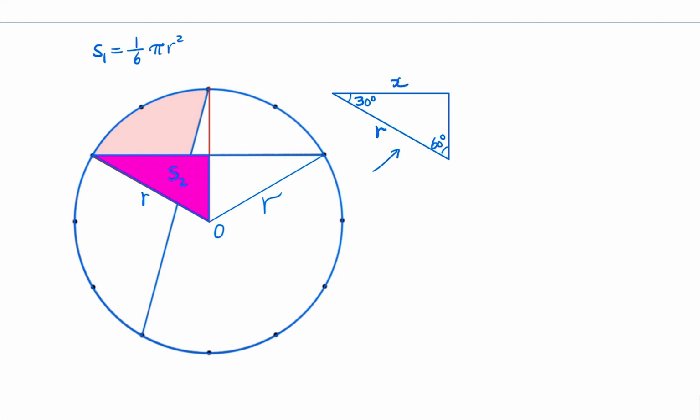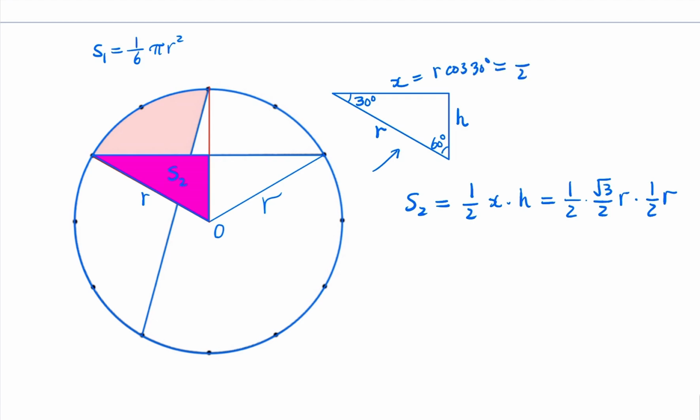So that's the length X and the height H. S2 would be 1/2 of X times H. Since the angle is 30 degrees, X equals square root of 3 times R, which is R cosine 30 degrees, and H equals R sine 30 degrees, that is 1/2 of R. So what do we get?